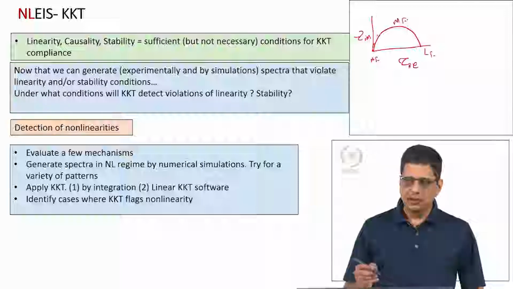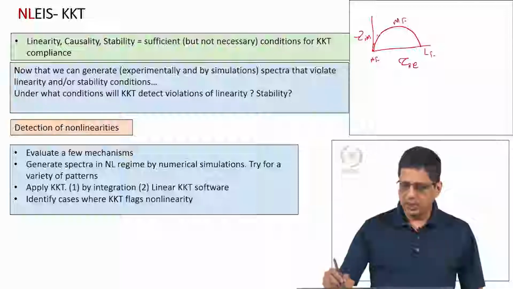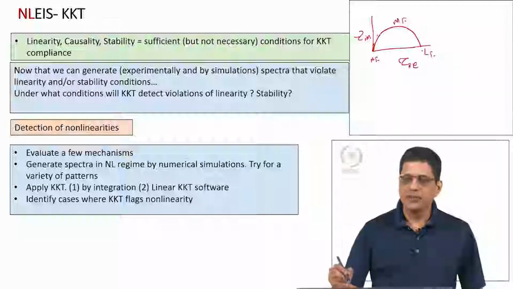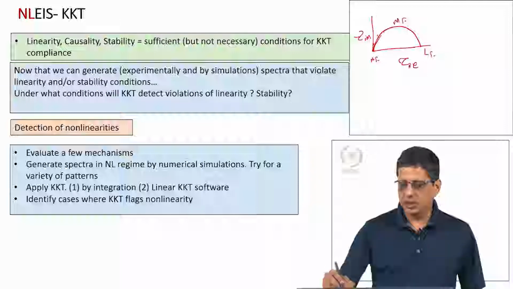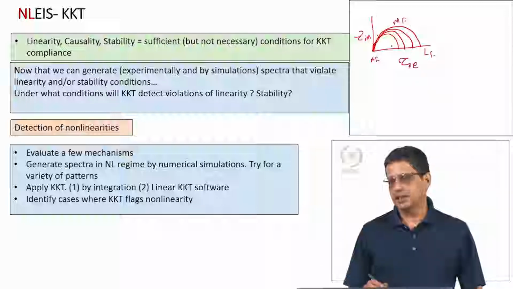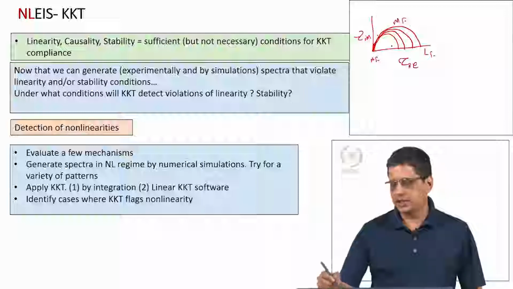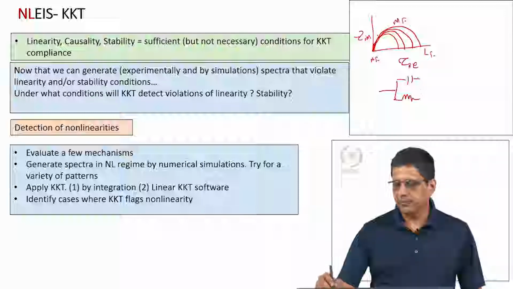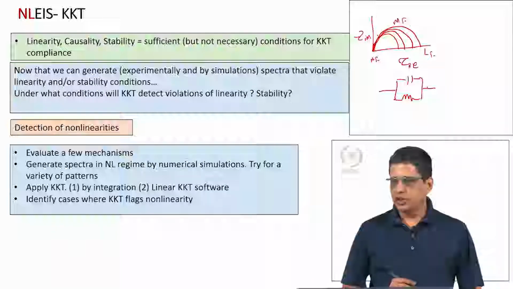If we apply a small amplitude perturbation, you might get data like this for a particular scale. If I apply large amplitude perturbation, it is still going to be a semicircle with a smaller value of charge transfer resistance and of course polarization resistance, which means the system can be modeled by a circuit like this.